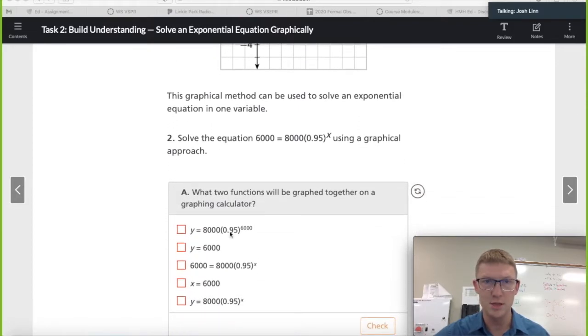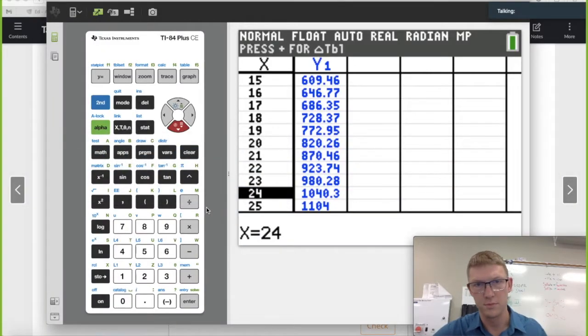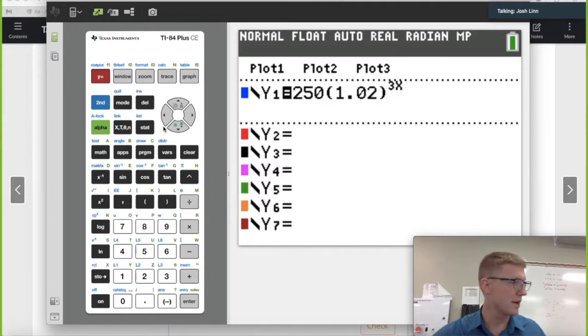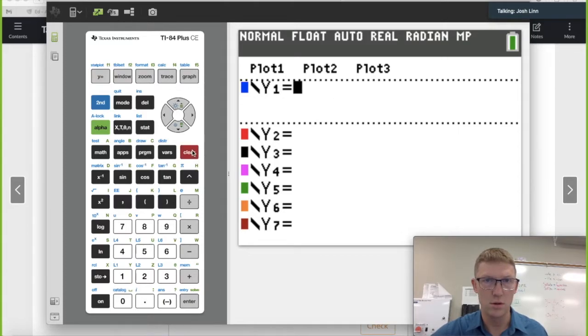So let's do it with our exponential function here. With our graphing calculator, we are again going to type in our equation.